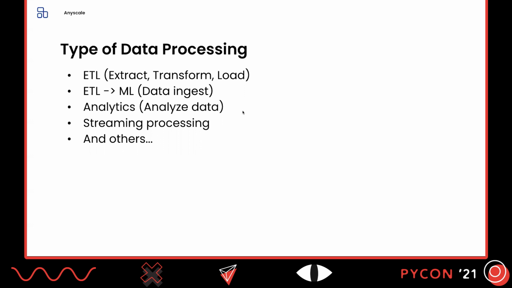If you finish your ETL job, the result is written to some files, and you need to ingest the data into ML clusters in order to train or do something else. There is also analytics type of data processing, which heavily uses things like SQL, and it's usually used by people like data scientists with things like Jupyter Notebook. And there's also streaming processing, which has pretty unique requirements, and specialized systems like Flink support streaming processing.